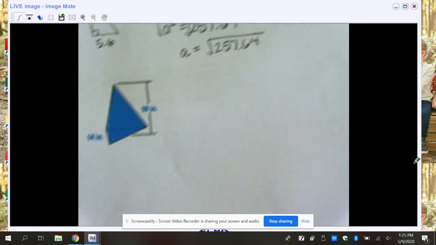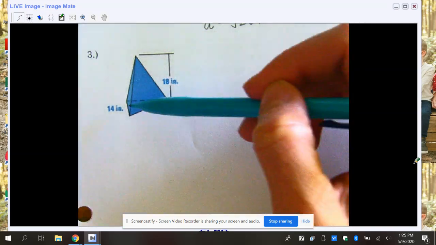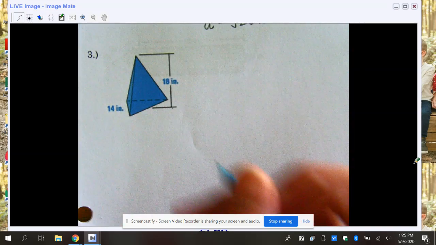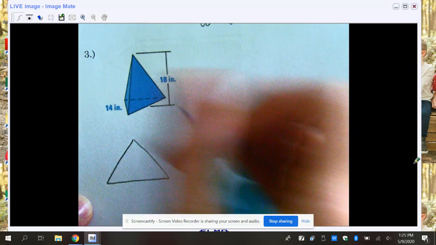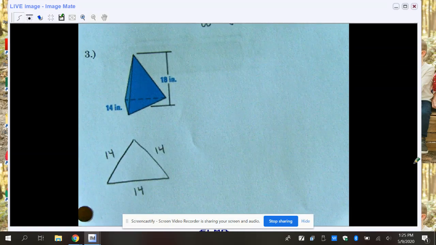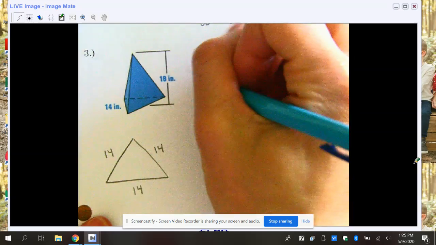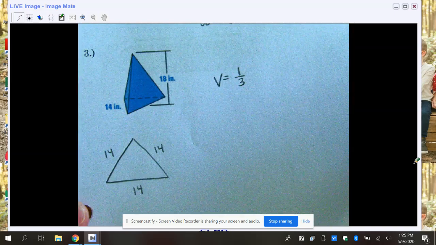All right, so for this one, now we're a little bit different because the base is not a square. It is going to be a triangle. And since we are only using regular polygons, it's going to be an equilateral triangle. So my volume, again, I need 1/3.